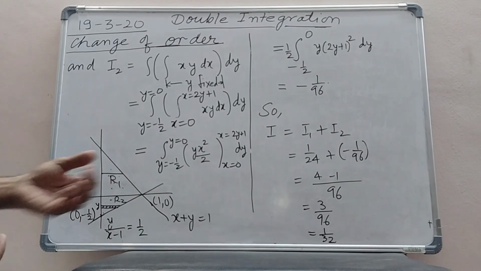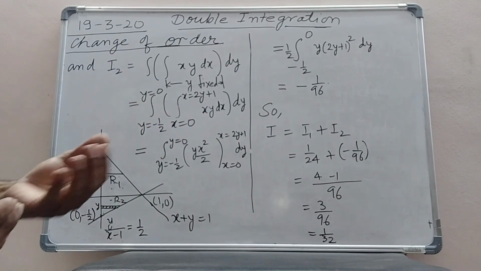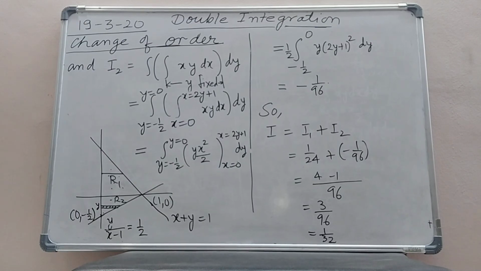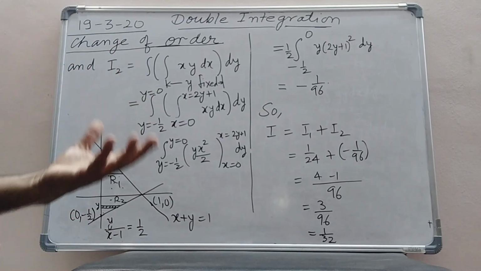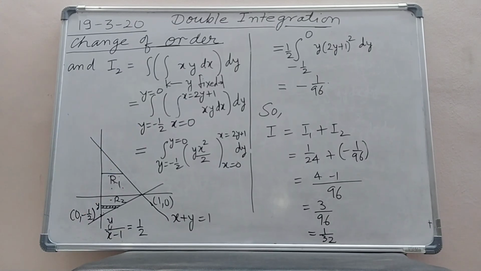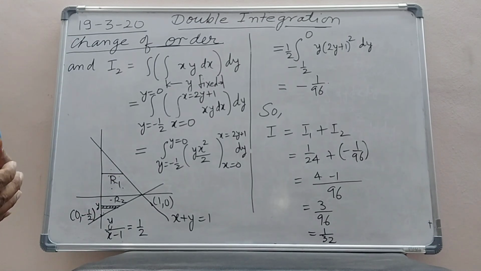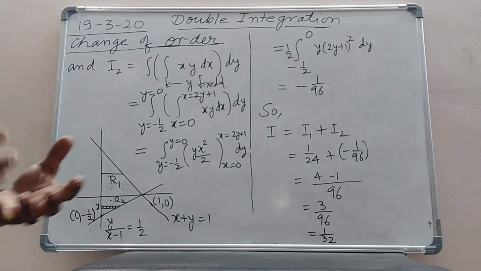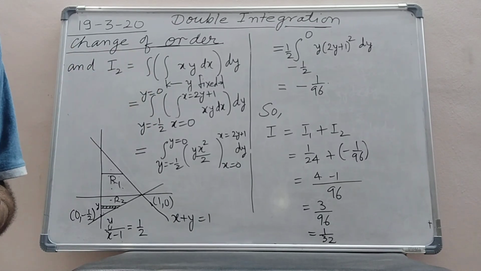So since we have to split the region into two parts, it brings in some tediousness in the calculation. So before you decide the order of integration, you would like to keep this in mind. So choosing the order of integration little intelligently can reduce the tediousness of the calculation. That is the point which I wanted to make.